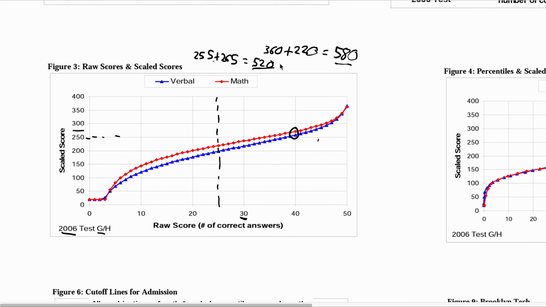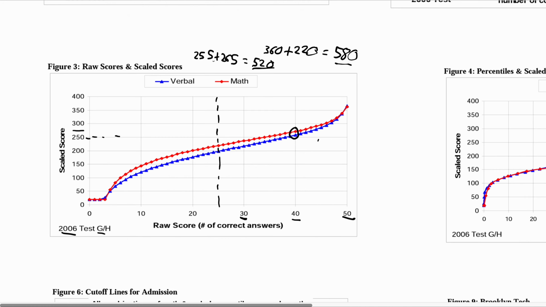And this is not good enough to get into Stuyvesant. So it's actually better to do extremely well on one section and mediocre on another, rather than pretty good but not awesome on both sections. So it's a peculiar scoring feature of this test.